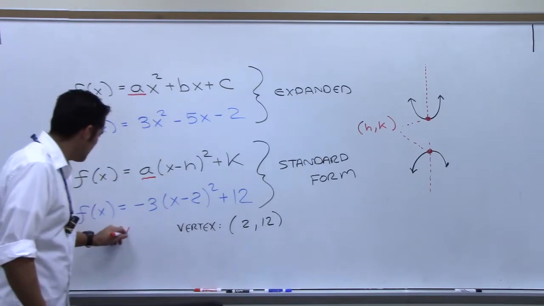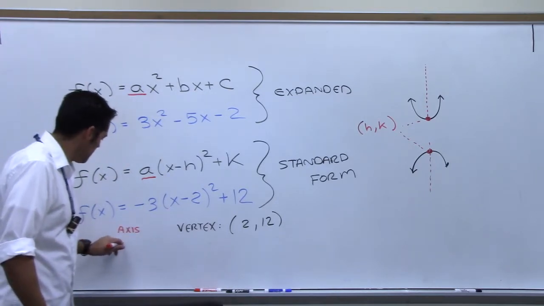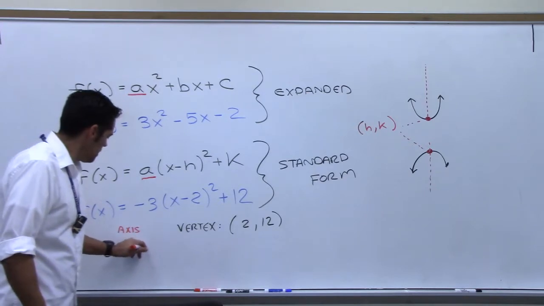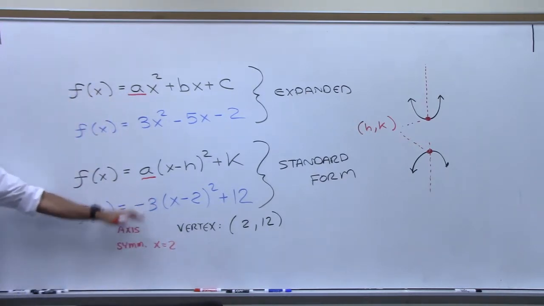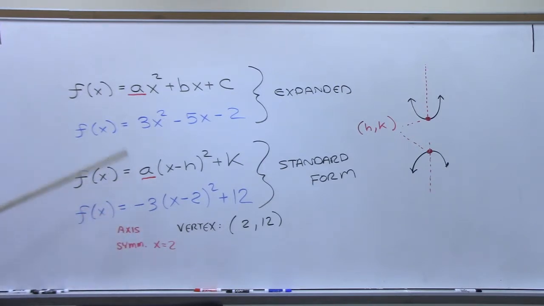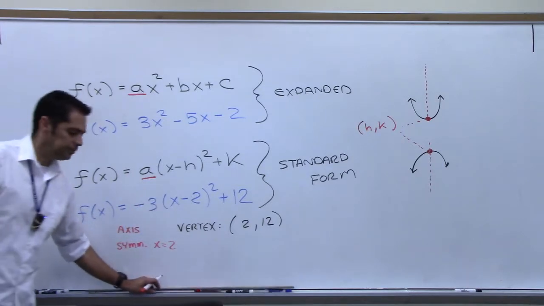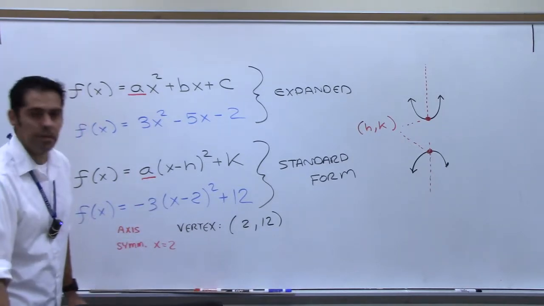Axis of symmetry is x equals 2 for this particular one. Can we look at this one and tell what the axis of symmetry is? No, because we need to know what h is. So still, this one looks like the better form, doesn't it? Okay. Let's keep going.